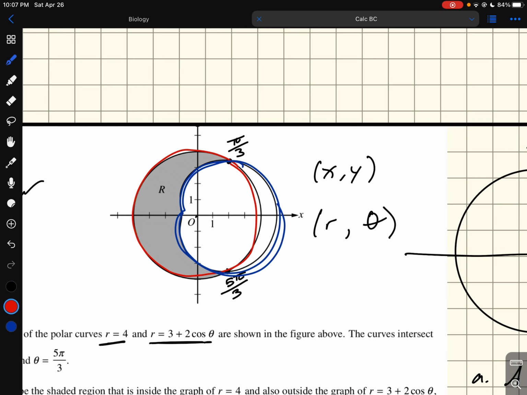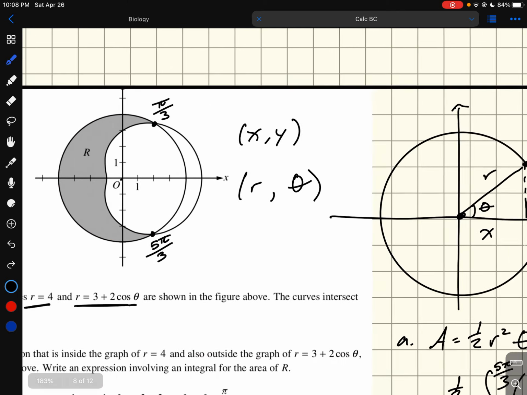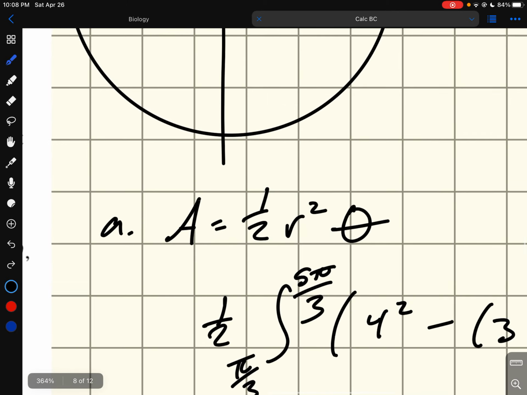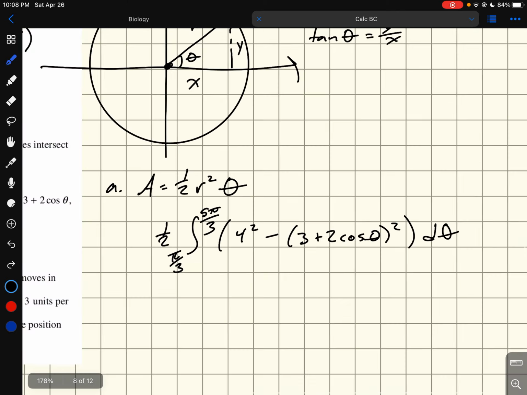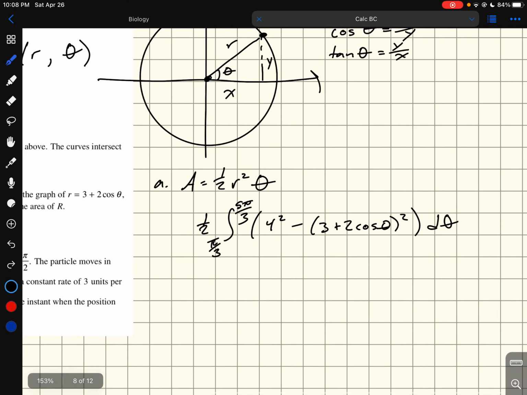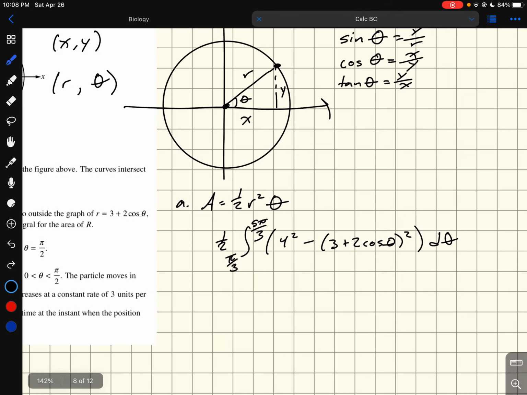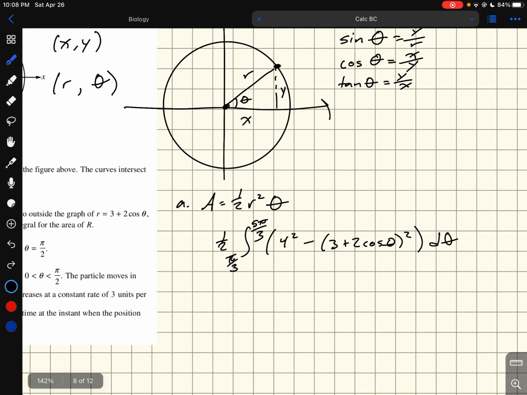So that means we get rid of everything in here, and we're just left with R, which is what we want. So that's what this area tells us, and that's what this integral is telling us. Okay, so they just wanted an expression, so that's literally it.